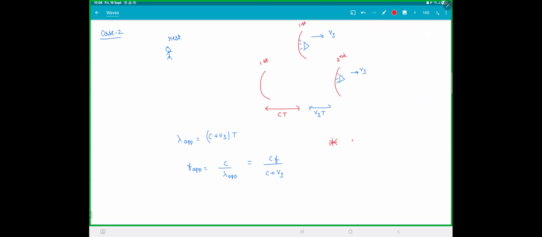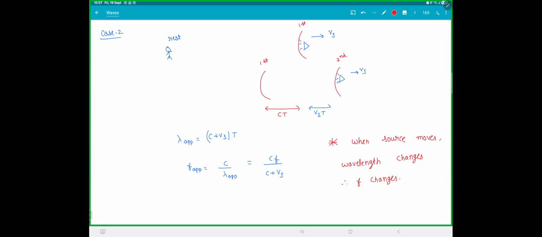Whenever the source moves, wavelength gets affected. That's where the frequency gets affected. Clear with this?